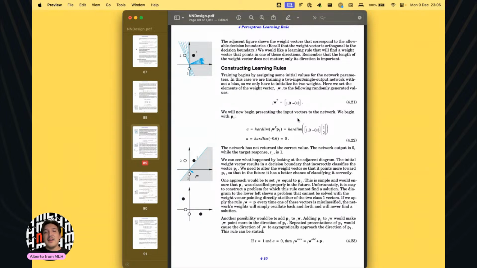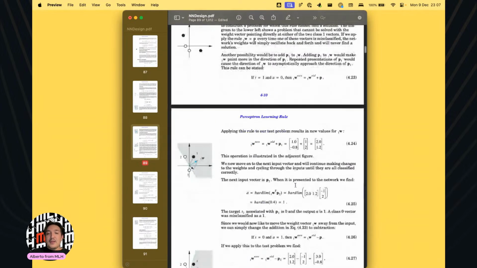In this case, we're going to call it a target. So the vector 1 comma 2 should be target 1. The vector minus 1 comma 2 should be target 0. Vector 0 comma minus 0.5 should be 0.